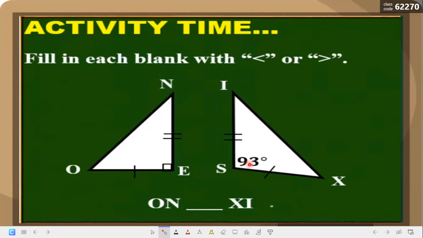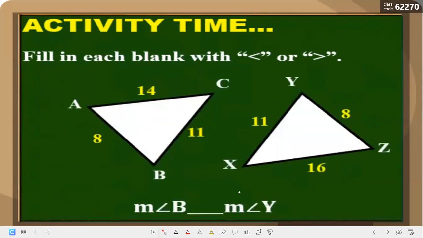So we're going to compare ON, which is the opposite side of this angle, and then IX. We said this 93 is bigger. Therefore, ON is less than XI, or XI is greater than ON. That means XI is bigger.